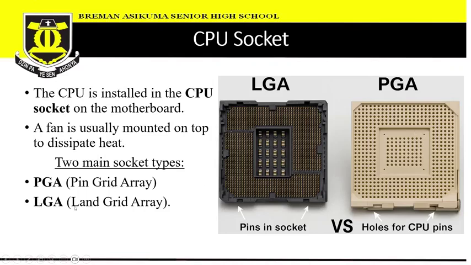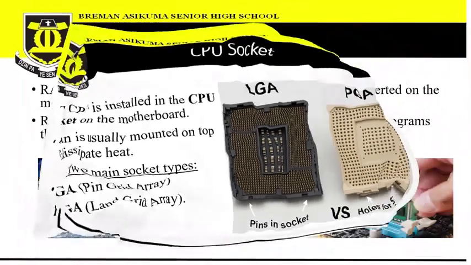And we also have LGA, which is the land grid array. This one, there are no pins, so the surface of the CPU is very flat, and it also fits into this socket. So these are the two main types of CPU socket that we have, the PGA and the LGA. Let's move on.